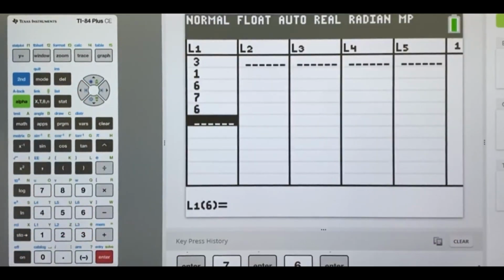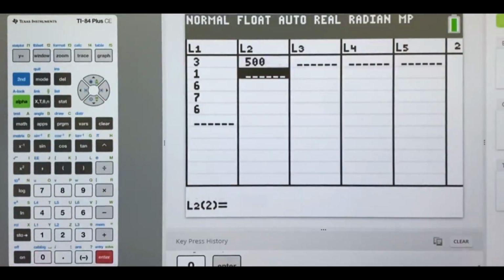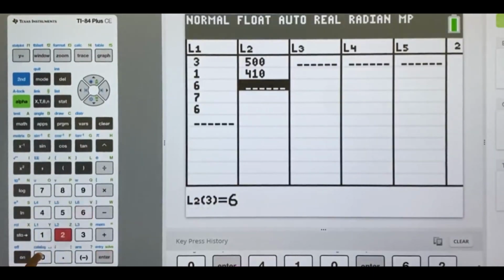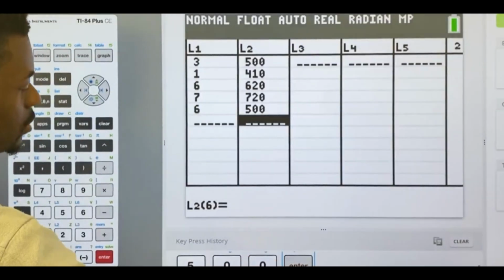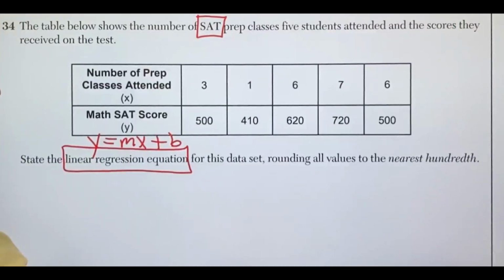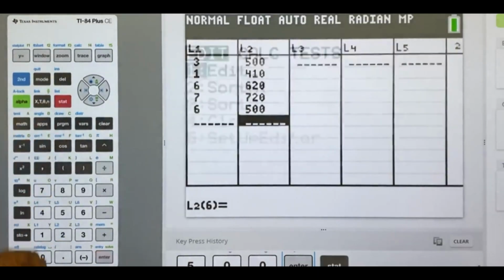Then the Y values: 500, 410, 620, 720, 500. All right, there we go. Does everybody have this so far? Okay. Then we're going to press stat.